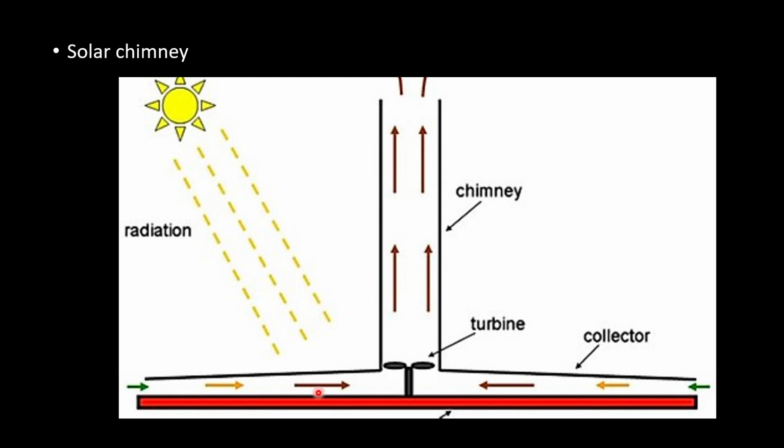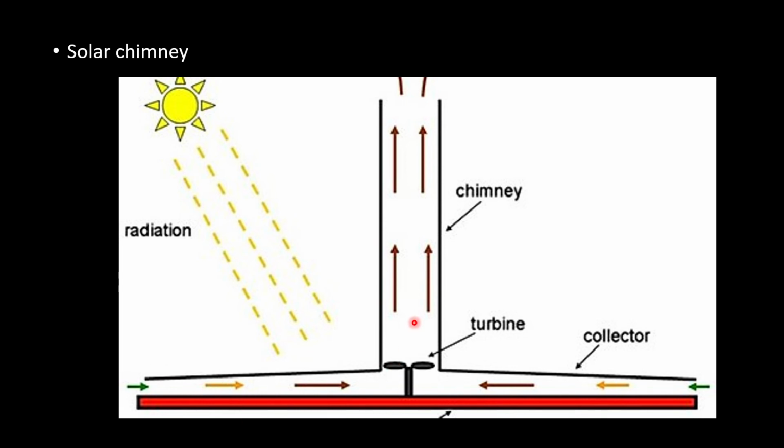The air moves through the chimney which is provided here, and this chimney is very high and very long. When the air passes through this chimney, the air flow will rotate the turbine at the bottom of the chimney, and that turbine drives a generator to generate electricity. This is how it works.